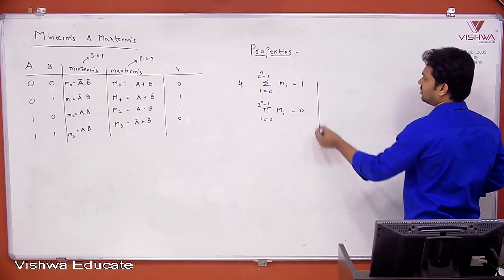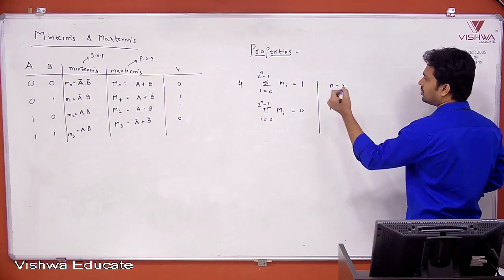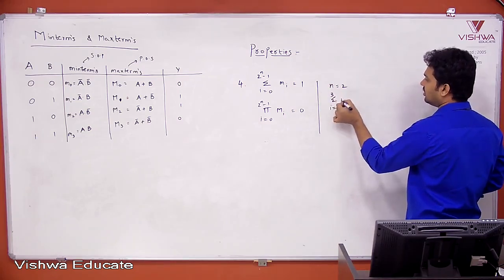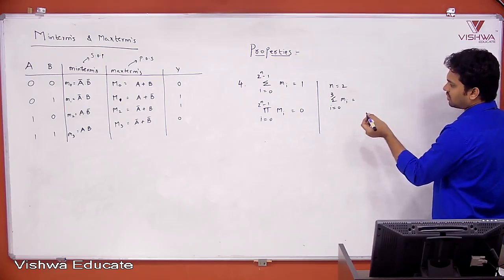For example, you take n equal to 2. So sigma i equal to 0 to 2 power 2 minus 1, that is 3, minterm i is equal to minterm 0 plus 1 plus 2 plus 3.